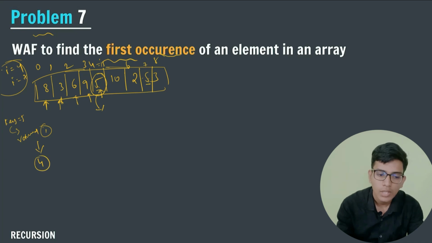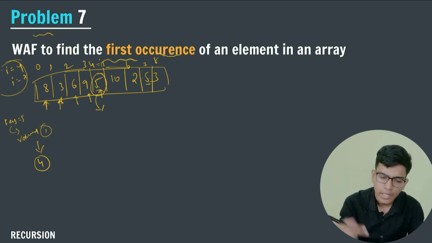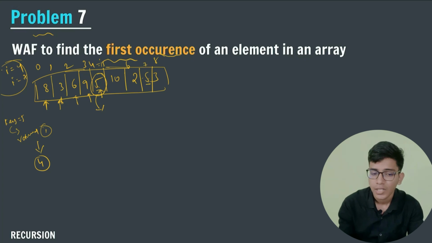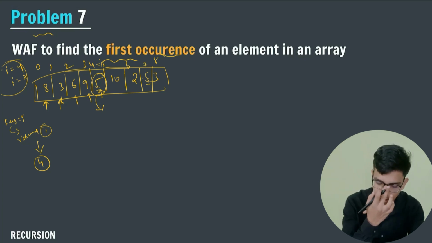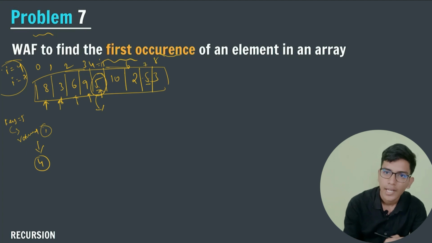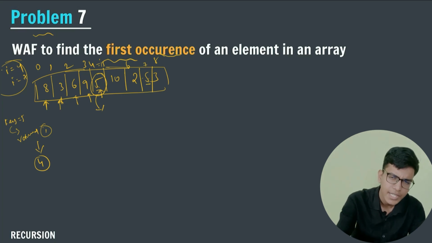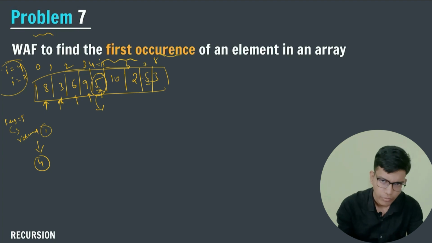So this is the basic asking of this question. Here we need to return the first occurrence, or the first index, of the given element. Here the first occurrence of 5 is 4 and the last occurrence is 7. So what is the logic here? The main logic is we iterate through each element of the given array.